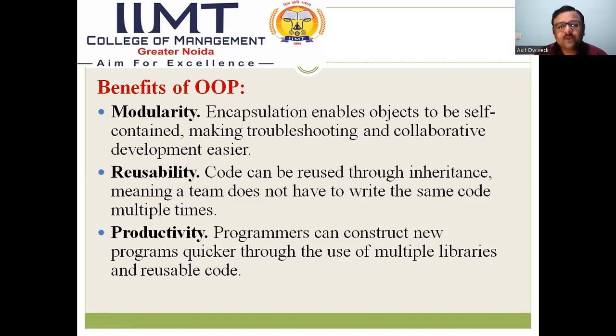Code can be reused through inheritance, meaning a team does not have to write the same code multiple times or again and again. Productivity. Programmers can construct new programs quicker through the use of multiple libraries and reusable code.